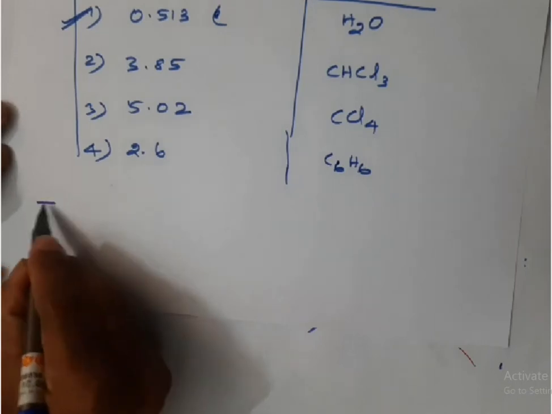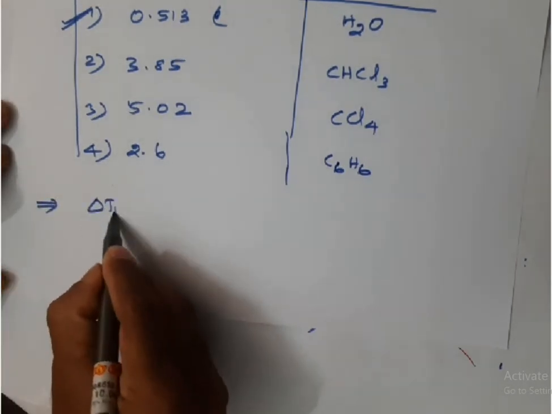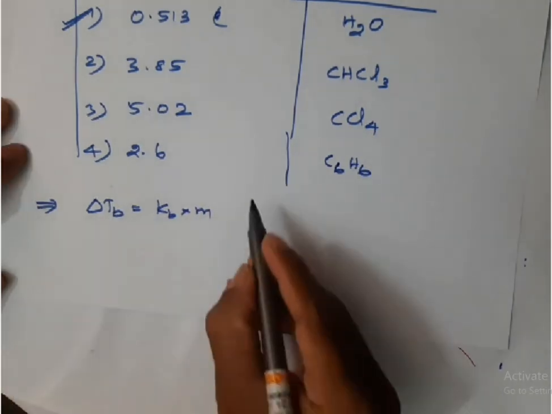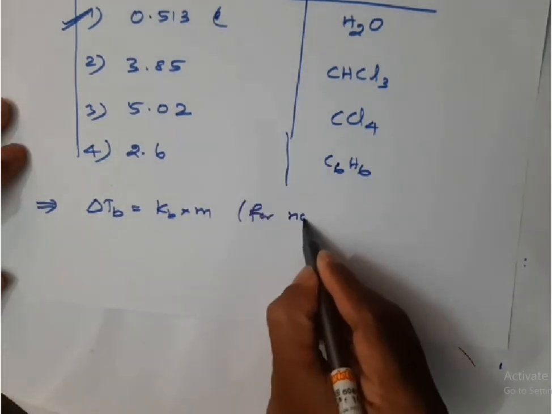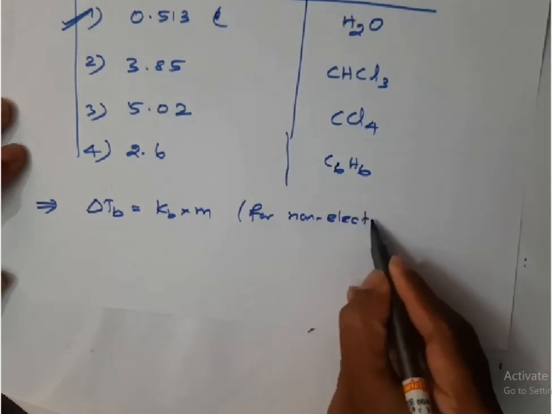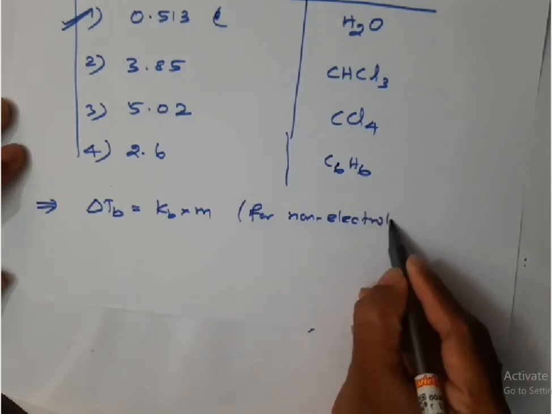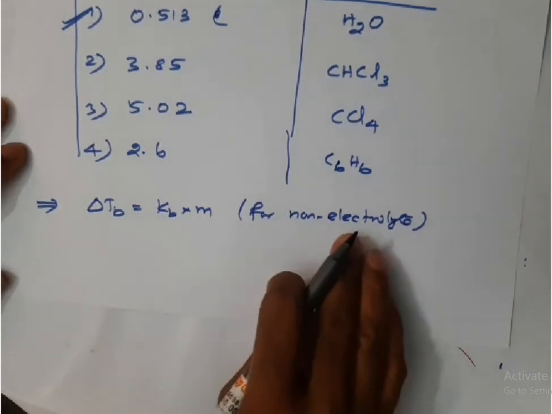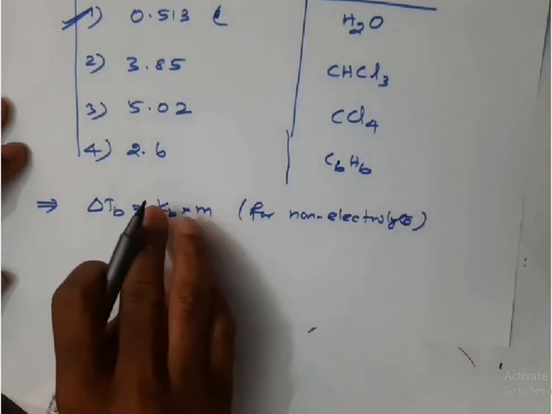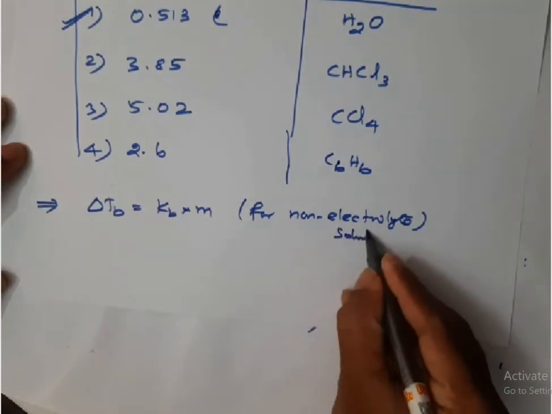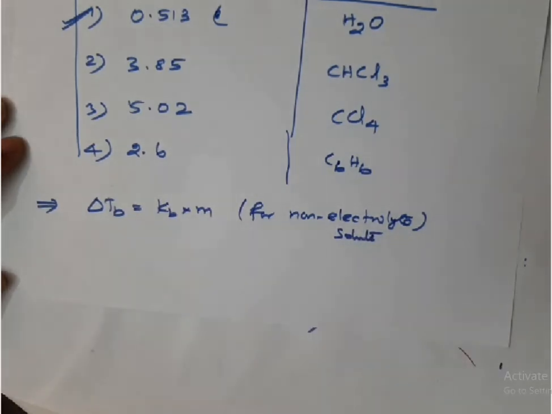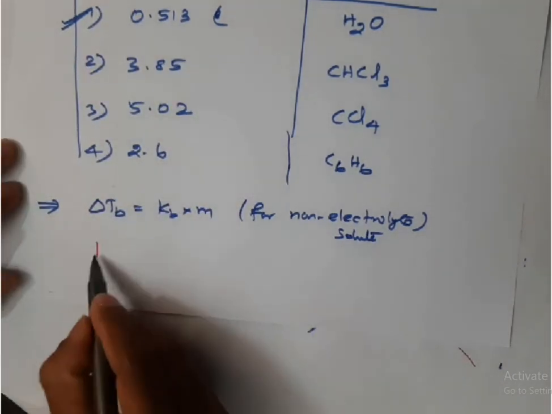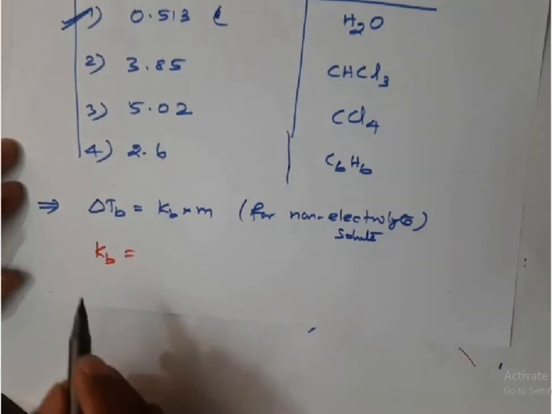See, very simple. Delta Tb equals Kb into m, for a non-electrolyte solute. We know delta Tb equals Kb into m, and you can write this expression for Kb.